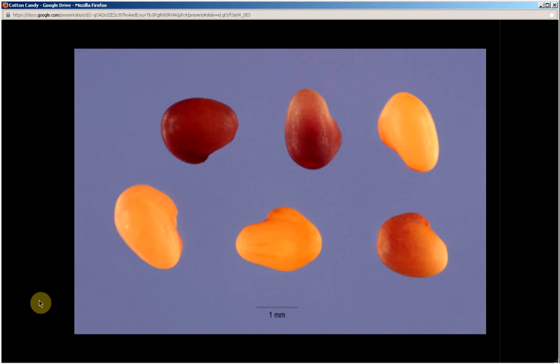They, as you see, are brownish to yellow. They're heart-shaped or kidney-shaped.